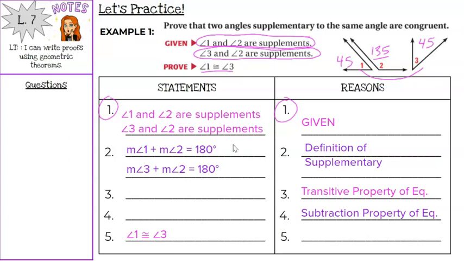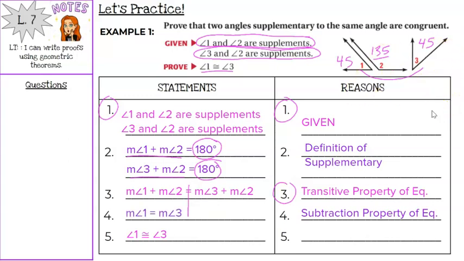After that, we can use the transitive property, as you see here in statement number 3, because we have two different things set equal to the same thing, which means the two different things can be set equal to each other by that transitive property. Then we're going to use the subtraction property of equality. What can we subtract from both sides of this equation in order to simplify?